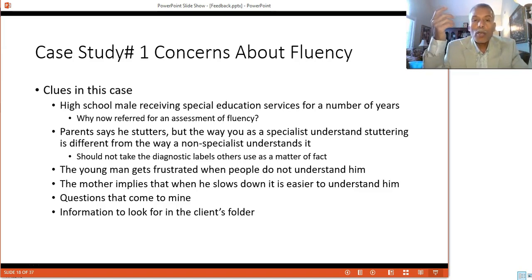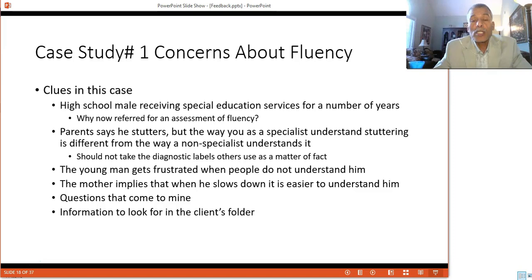Why is there a concern about it now? And immediately you need to think, is there a history of traumatic brain injury, a stroke, whatever it is? But developmental will be absolutely at that stage. If that's an initial evaluation, it is impossible for someone to out of nowhere just develop a stuttering disorder.